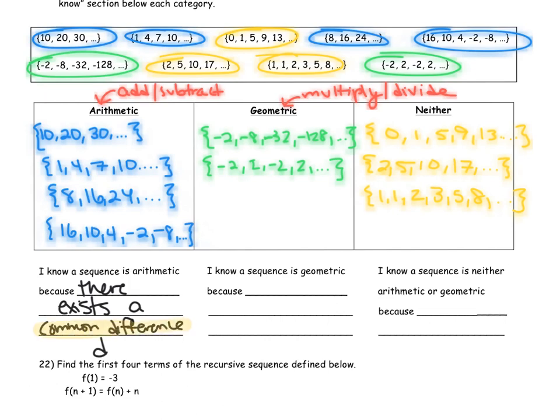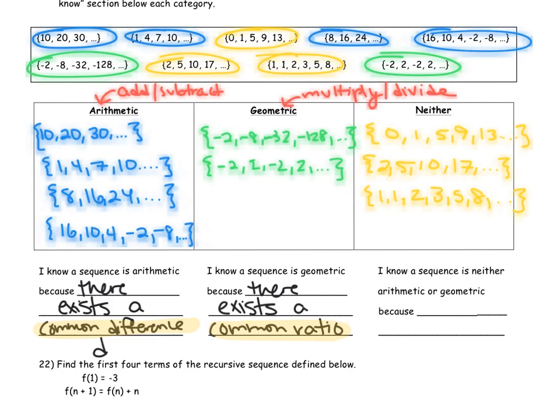Common difference is the key word. We know something is geometric when there exists a common ratio. All right, key words here, guys. These are things that you will need to know past algebra. Okay, so there exists a common ratio.